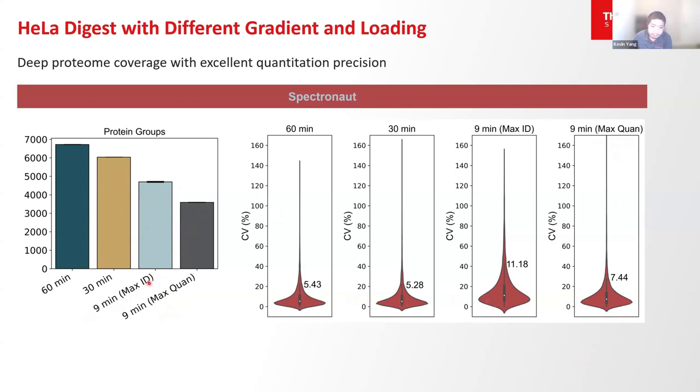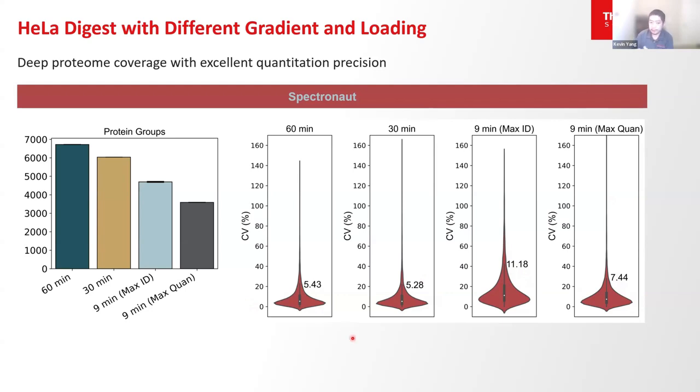If you use the max ID method at such high throughput, yes, the IDs increase, but the CV is going to be 11, 12%. It's not bad, it's still below 15%, which is acceptable in this community, but just not as good as this one, right? For 30 and 60 minutes, they're 5 to 6%, pretty consistent.